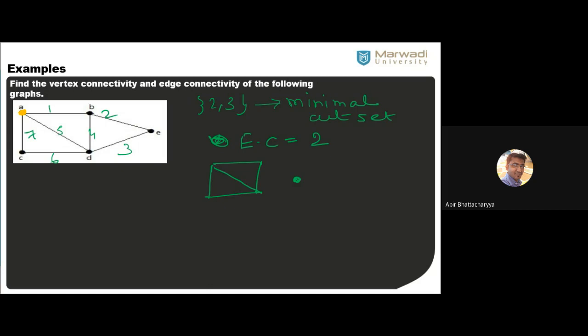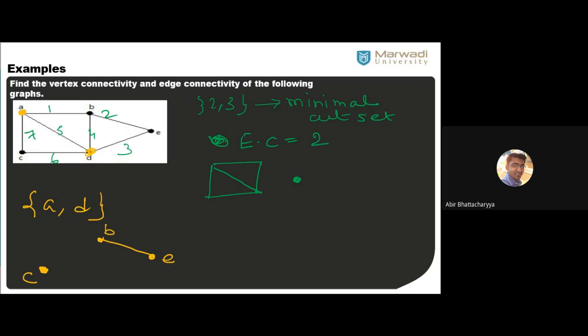AD or BD, these are the vertices we can remove. After removing A and D, your graph becomes only C over here, and BE will be there. Are you getting my point? I get two disconnected parts.